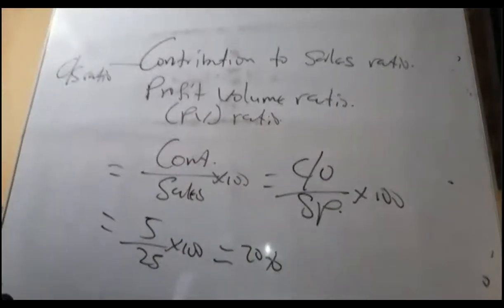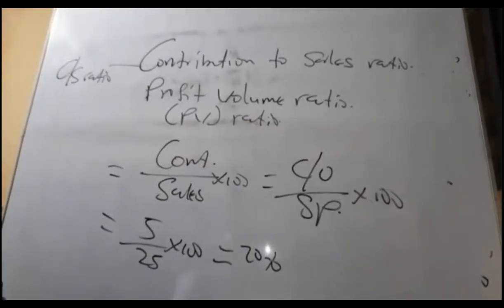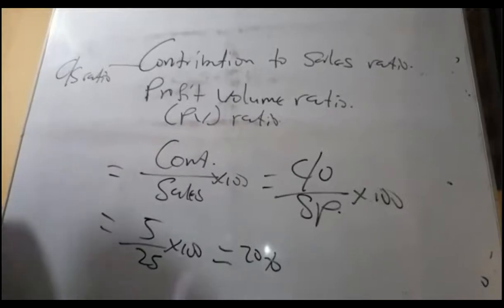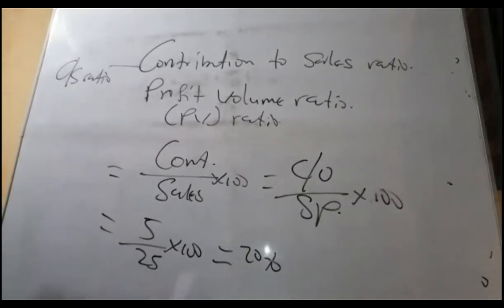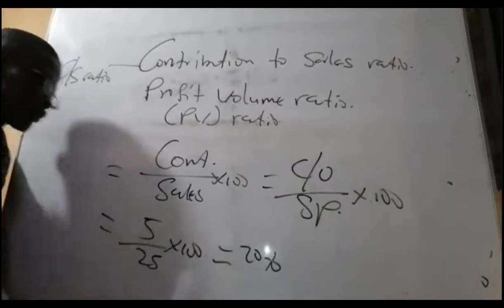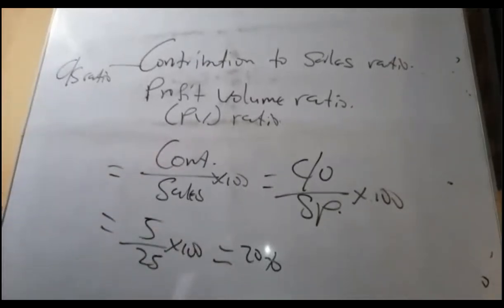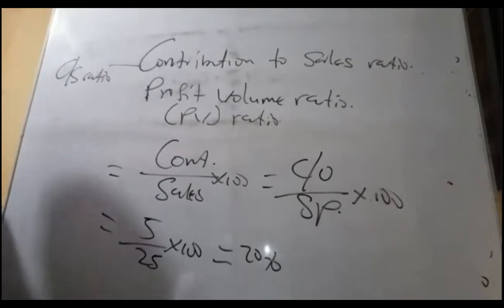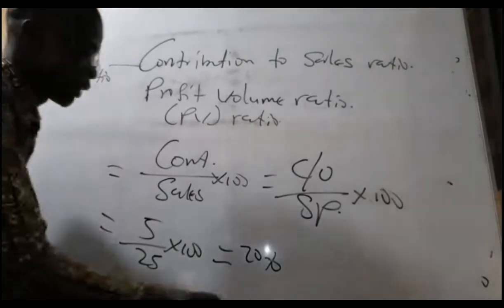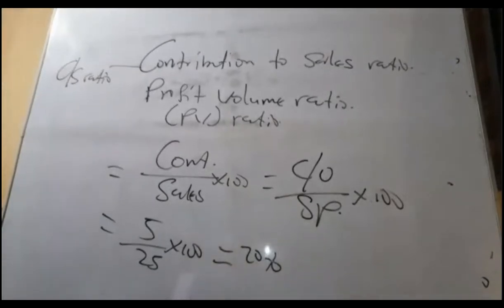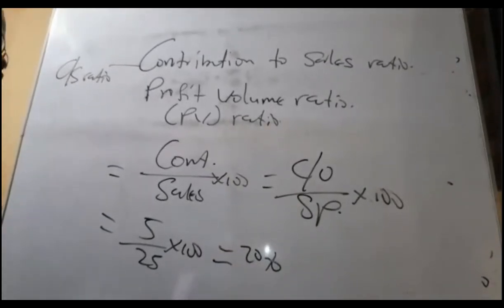Now if the CS ratio is 20%, then the variable cost to sales ratio is the other percentage to add up to 100, so it will be 80%. This is an important ratio that we should take into consideration.